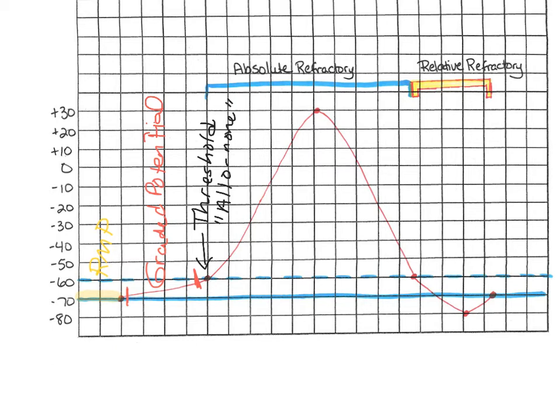Which means you either hit negative 60 and you get an action potential, or you don't hit negative 60 and an action potential will not occur. It's one or the other. You're hitting threshold and you get an action potential, or you're not hitting threshold and you only have a graded potential. Okay? One or the other. That's what the all or none principle states.